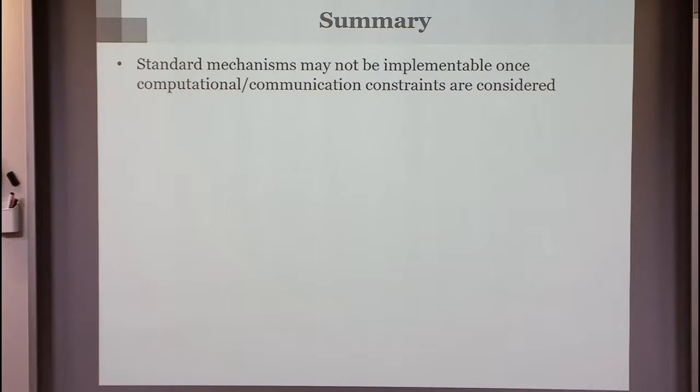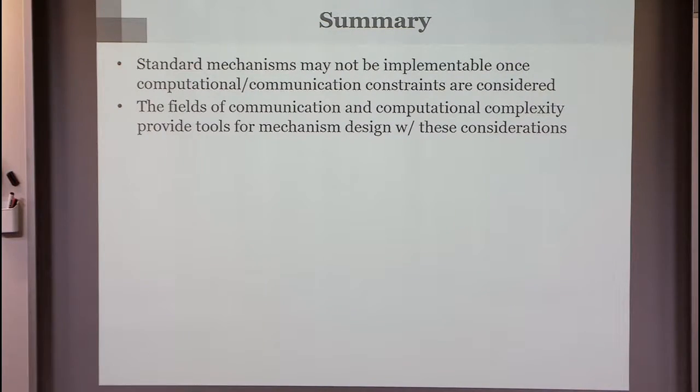So in conclusion, standard mechanisms may not be implementable when you introduce computational and communication constraints. And communication and computational complexity provide tools to study mechanism design under these considerations. And in fact, very beautiful results have come out of trying to prove intractability results for mechanism design.